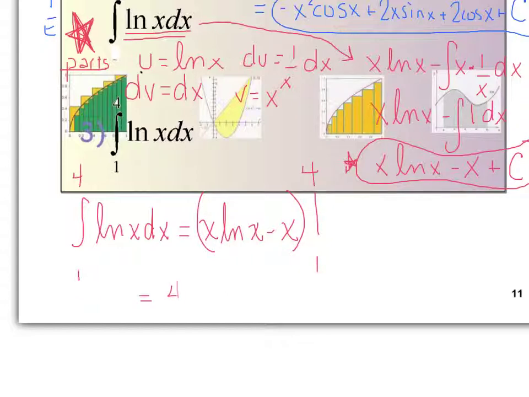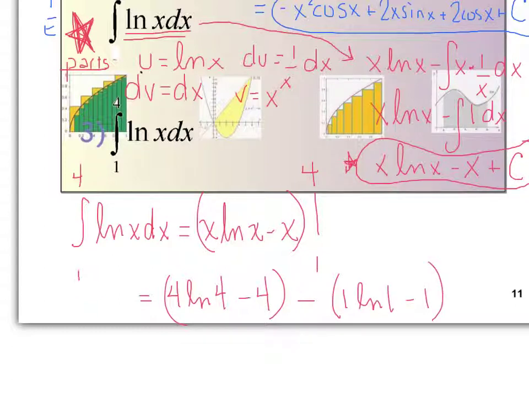And that results in 4 ln of 4 minus 4 minus 1 ln of 1 minus 1. We never leave ln of 1 in our answer because we know ln of 1 is simply 0. So this becomes 4 ln 4 minus 4 plus 1, or 4 ln 4 minus 3.